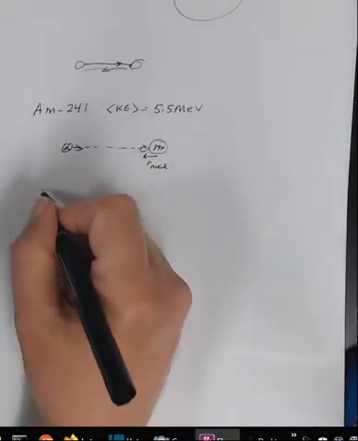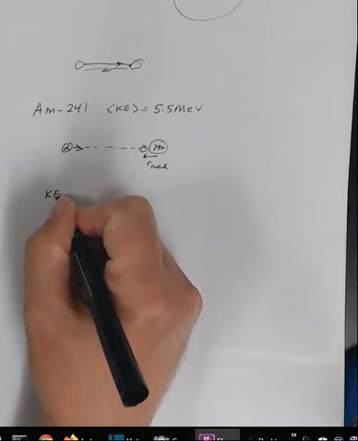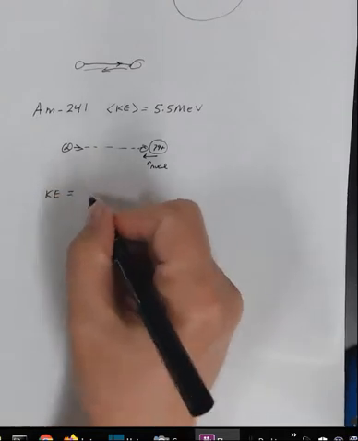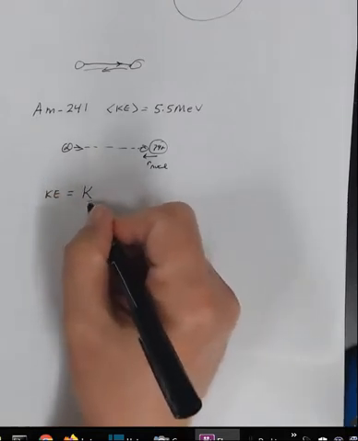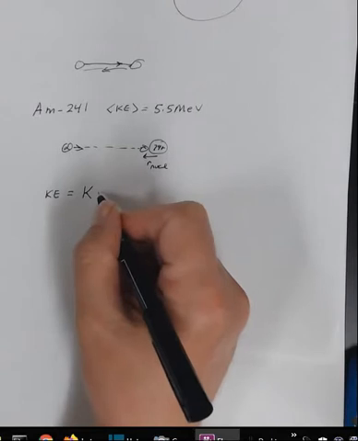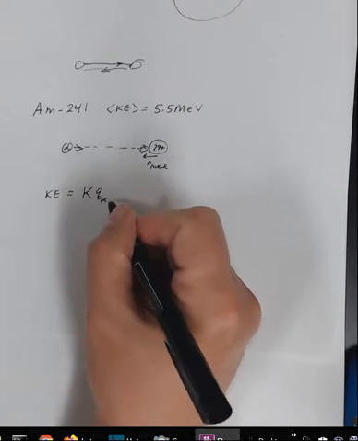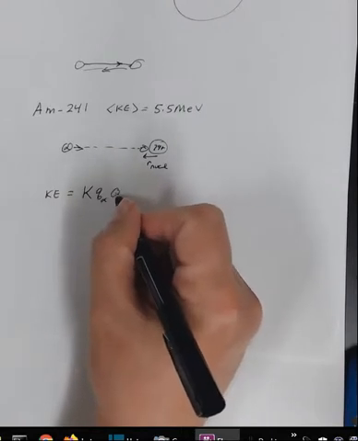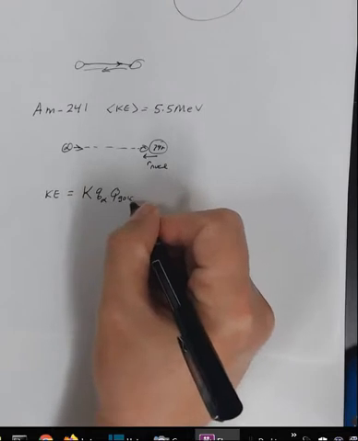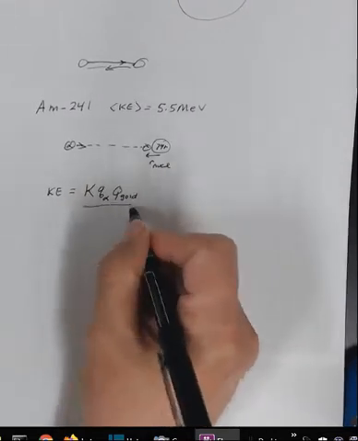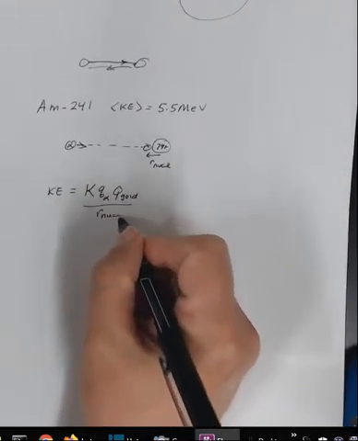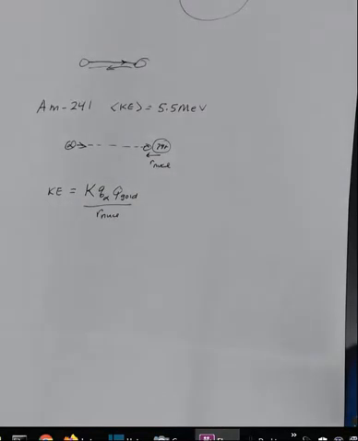So the kinetic energy is 5.5 MeV. I'll just write it as K_e right now, equals the constant, so this is the electric potential energy, k times the charge of the alpha particle times the charge of our atom, in this case gold, over r.